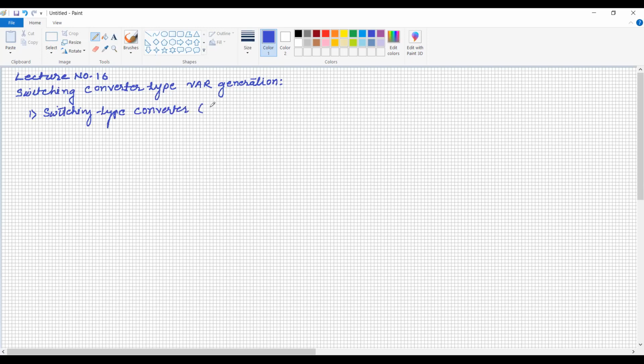This converter may be DC to AC, or AC to AC with system frequency. So without using any inductor and capacitor, it is possible to generate or absorb reactive power from the transmission line or in the system. One more advantage is that it also exchanges active power in the system.